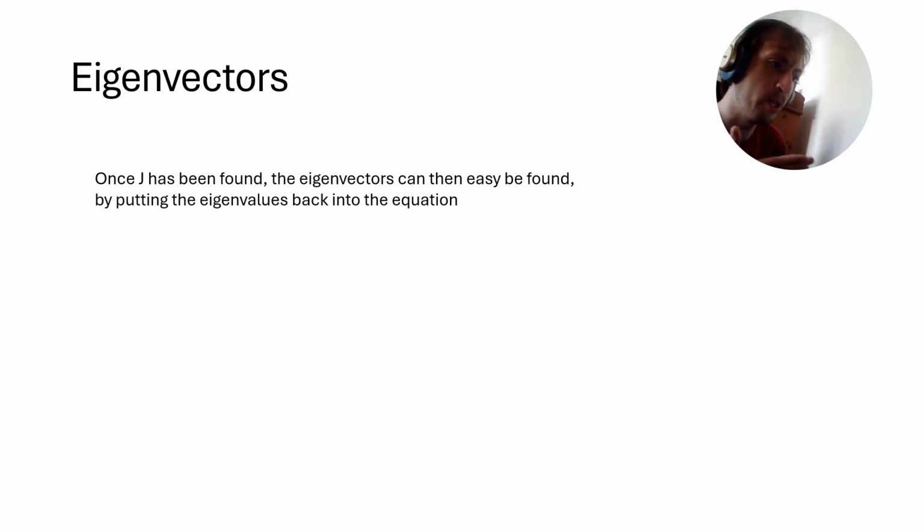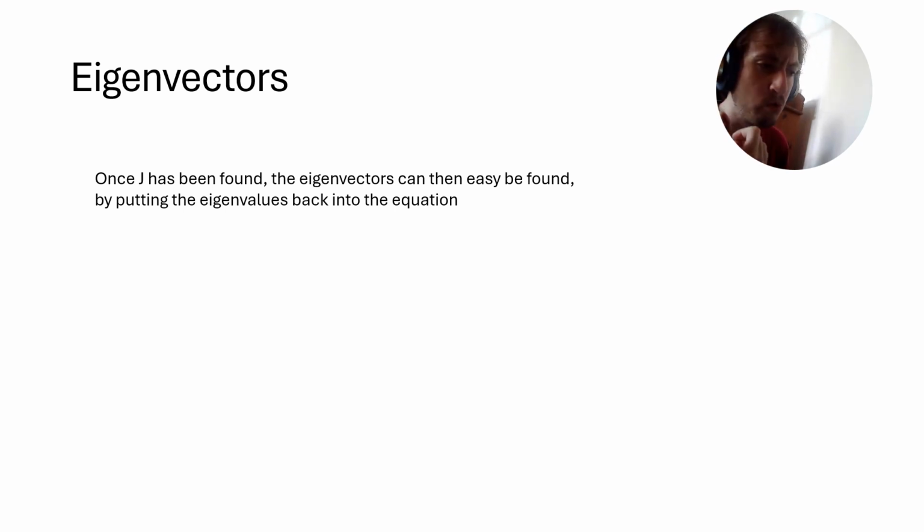But once you've got the eigenvalues, in our eigenvalue equation we've got our matrix A, which we know because we're given it, and all of its components.